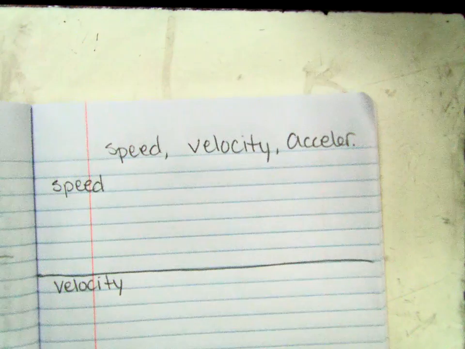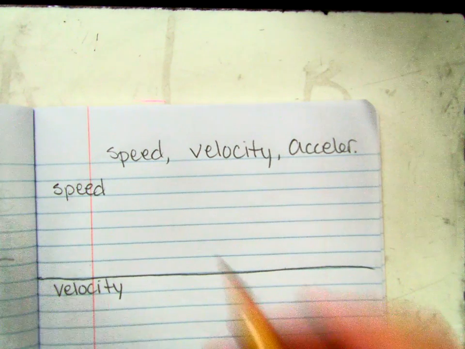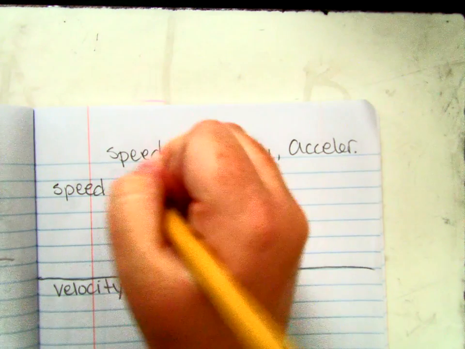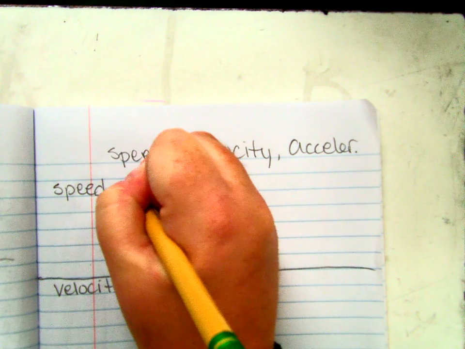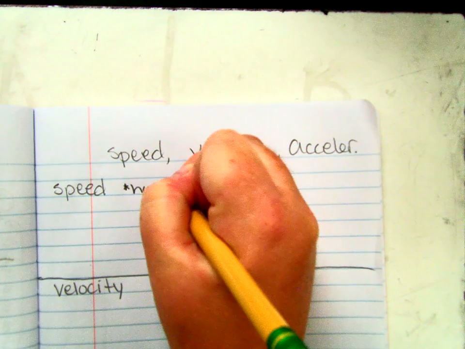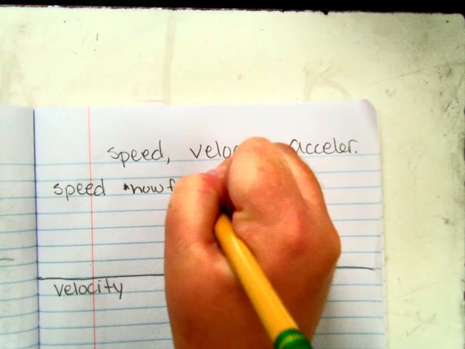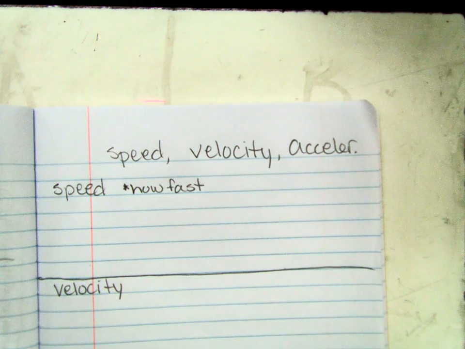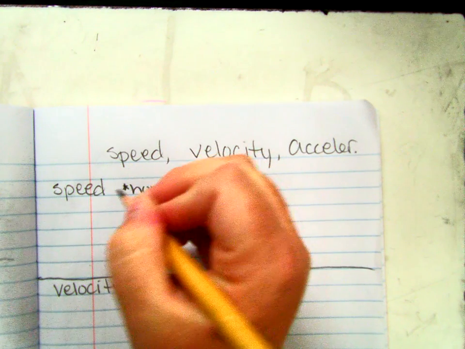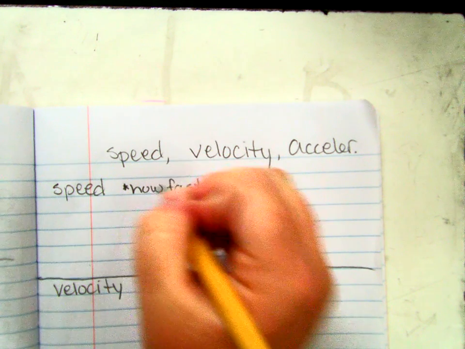All right, let's go back up to the top. Let's talk about speed for a minute. First of all, we know speed tells us how fast. And we know that because we drive vehicles and things like that. Now, we know it is how fast, but the technical definition is the rate of change in an object's movement.